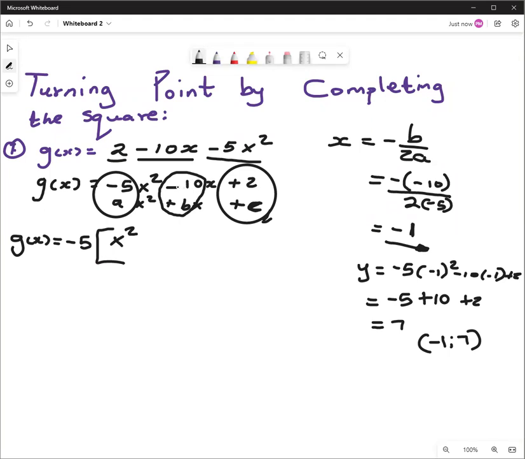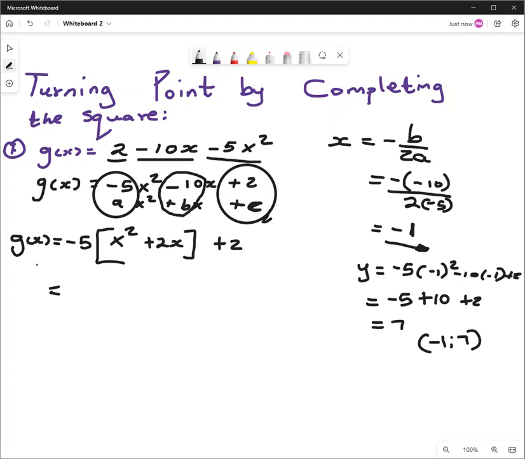So this will be negative 10 divided by negative 5. It's positive 2x. And then you close, and then you have that plus 2 there. That one you don't do anything. Sharp. And now, this is what we're going to have. If you fall back, you're still going to have what you had there.